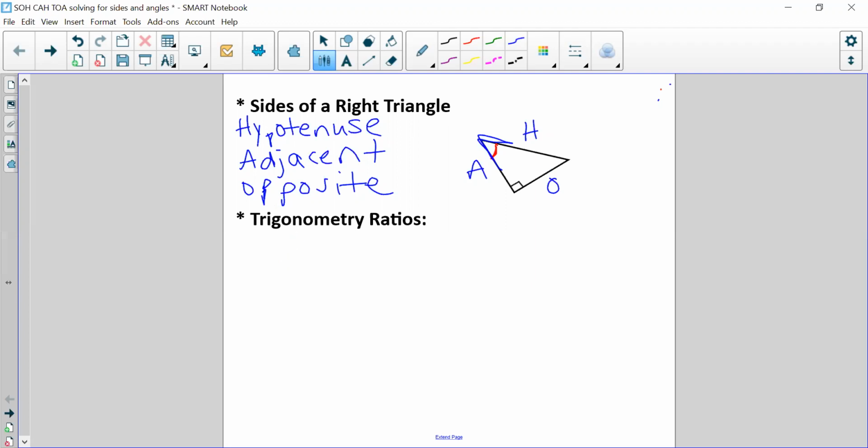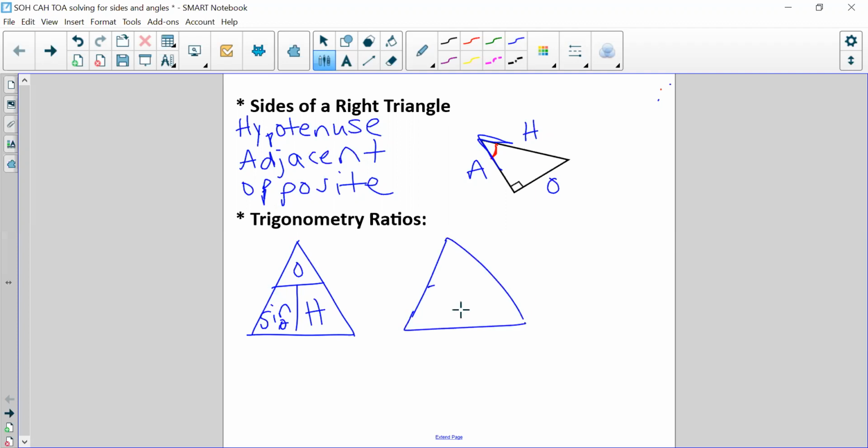And just again, a reminder, you're going to want to use your formula triangles. So sine of your angle is equal to the opposite over the hypotenuse. Cosine of your angle is the adjacent over hypotenuse. And tangent is opposite over adjacent.